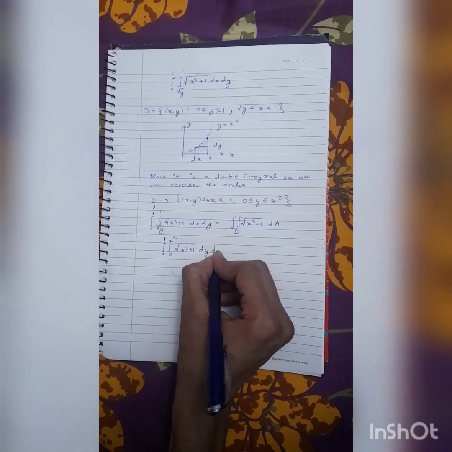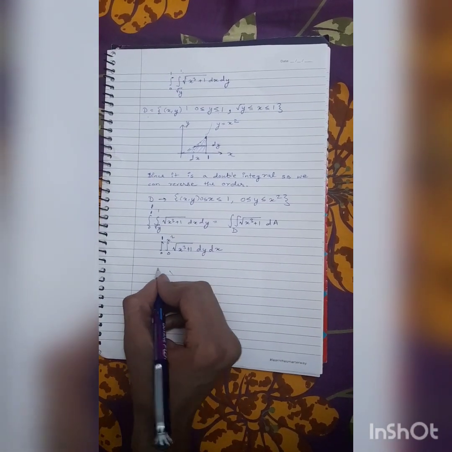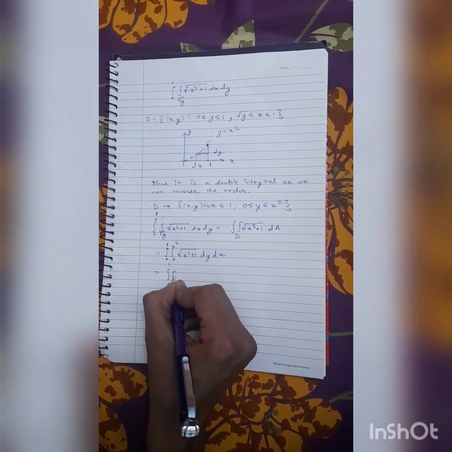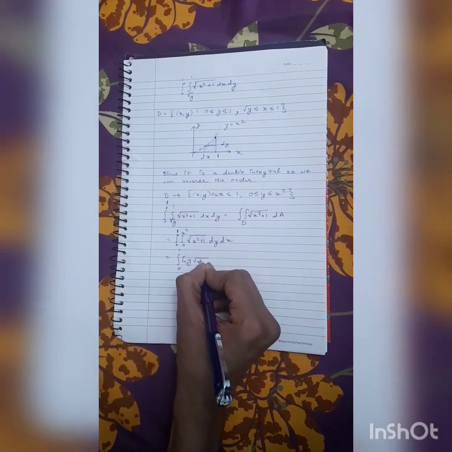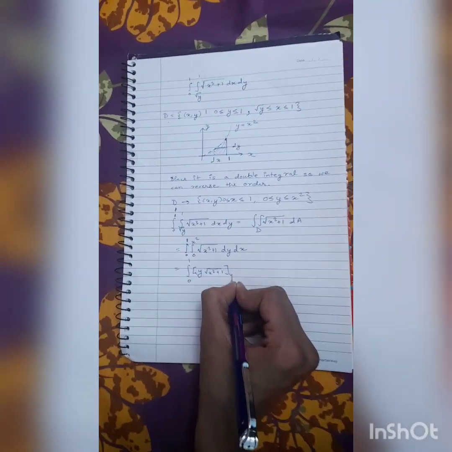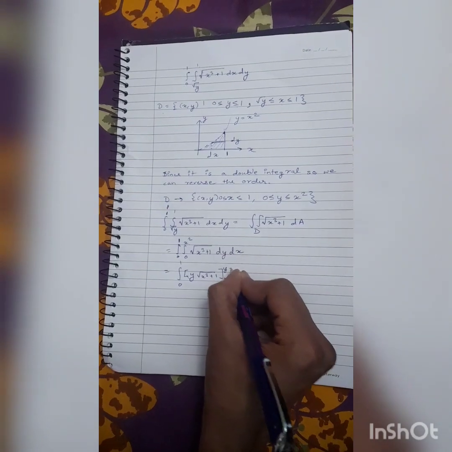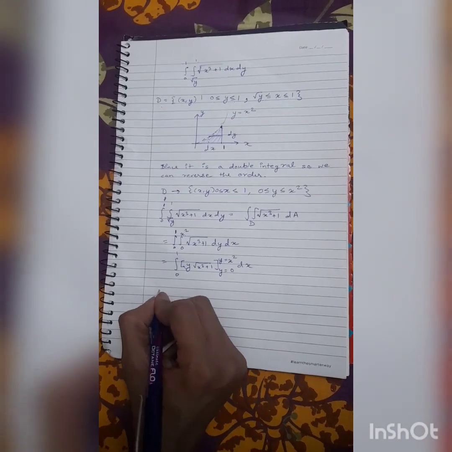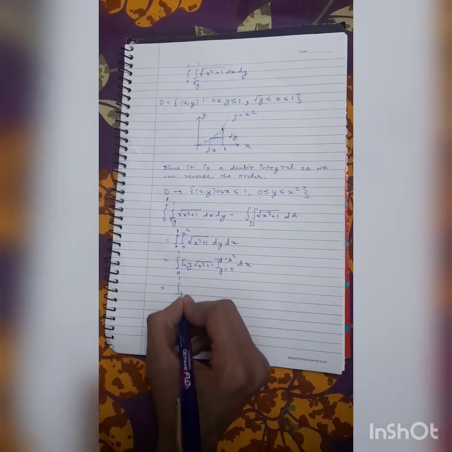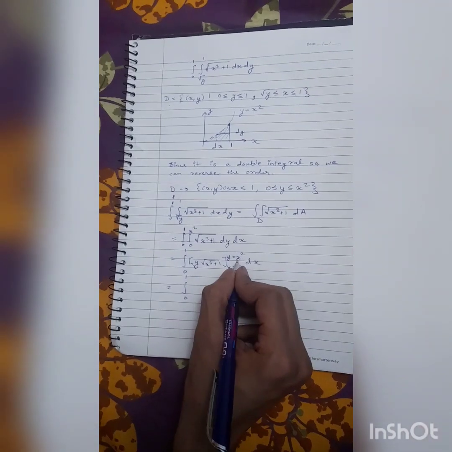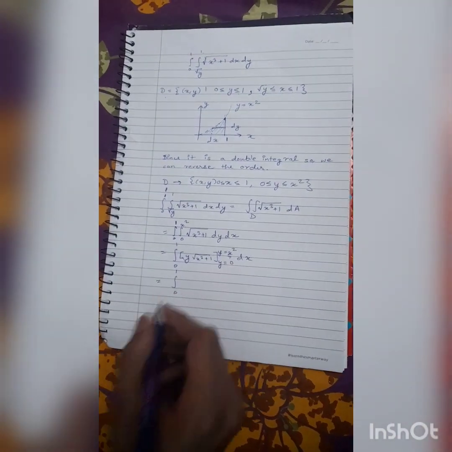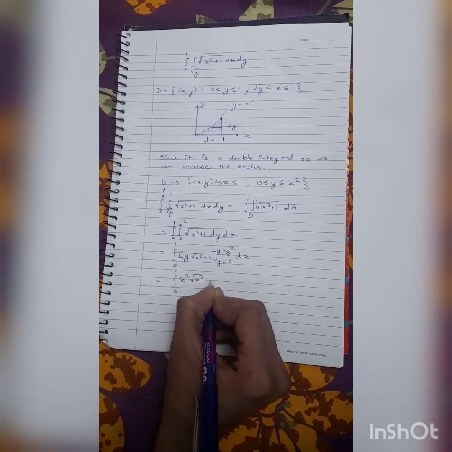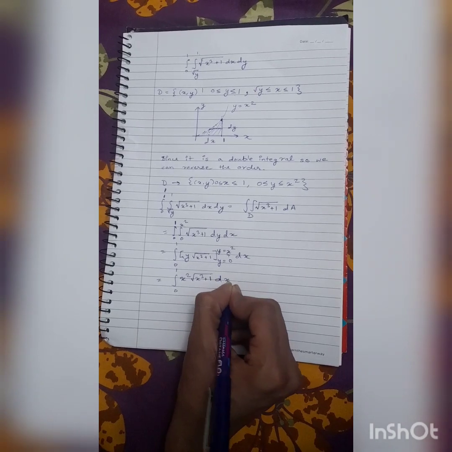I'll copy down the integrand, dy dx. Now in the next step it will be the integral from 0 to 1 of y square root of x cube plus 1, with y from 0 to x square, dx. Now this y will be x square, because if you see the limit, y is equal to x square, so I'll copy it down: x square times square root of x cube plus 1 dx.